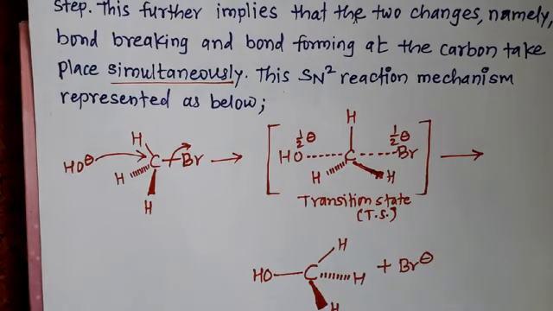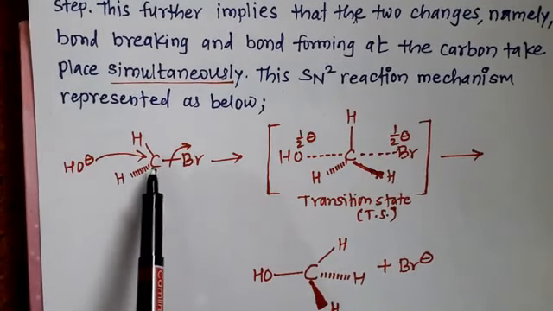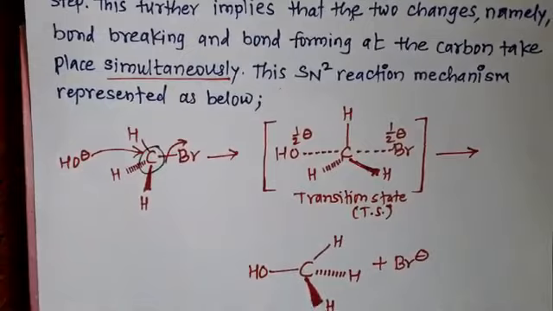Hence OH minus selects the backside attack from Br to the carbon of methyl bromide.